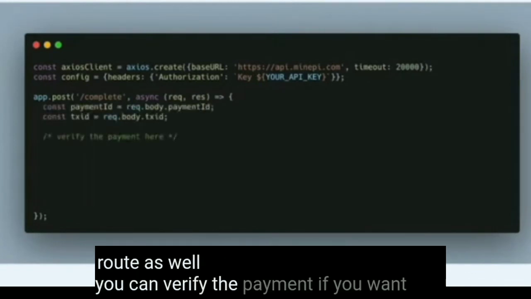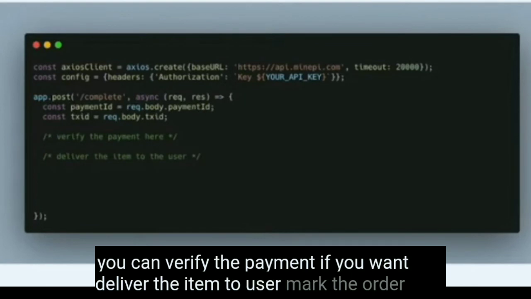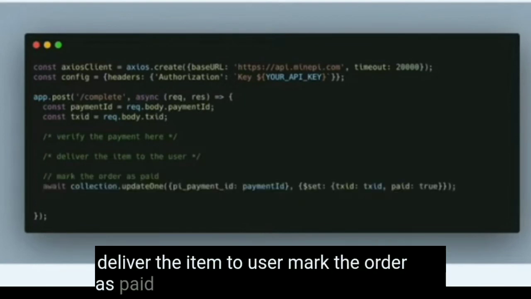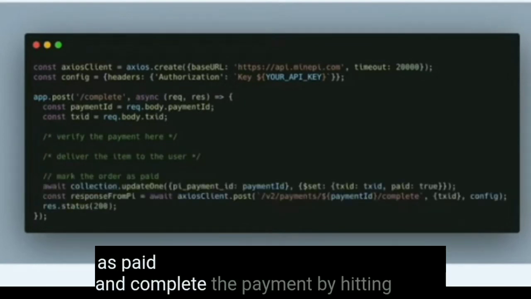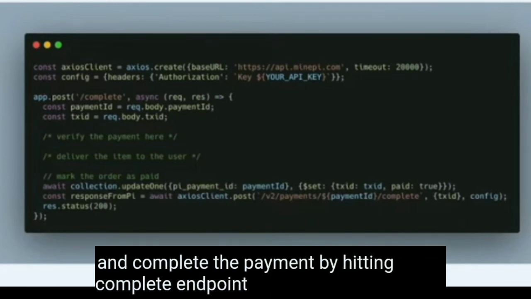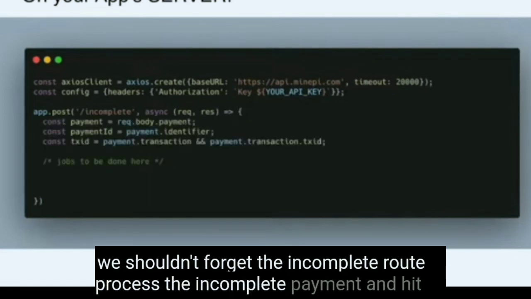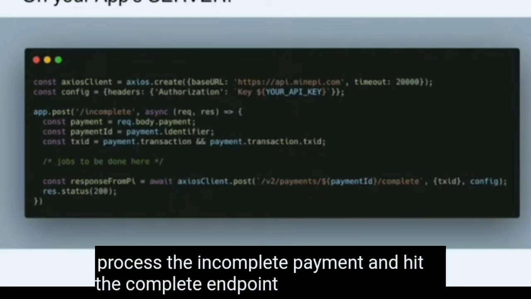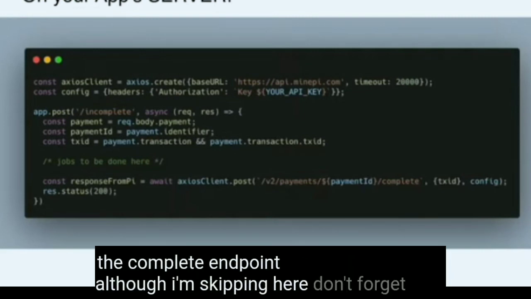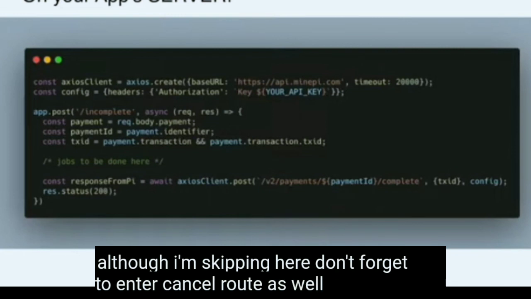You can verify the payment if you want, deliver the item to user, mark the order as paid, and complete the payment by hitting the complete endpoint. We shouldn't forget the incomplete route. Process the incomplete payment and hit the complete endpoint. Although I'm skipping here, don't forget to handle the cancel route as well.